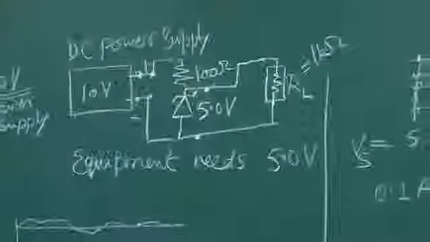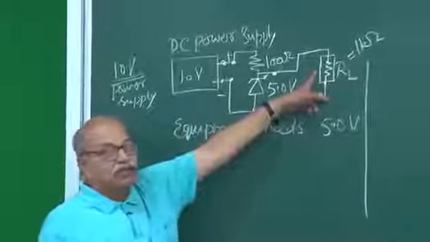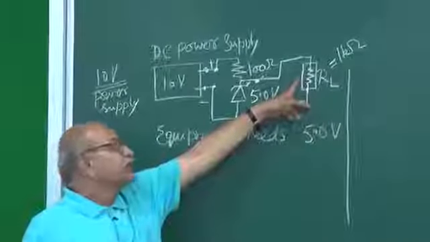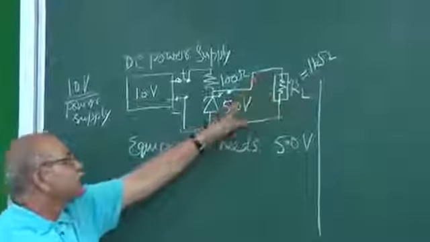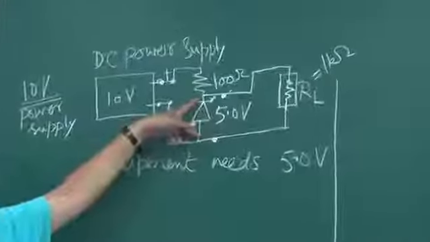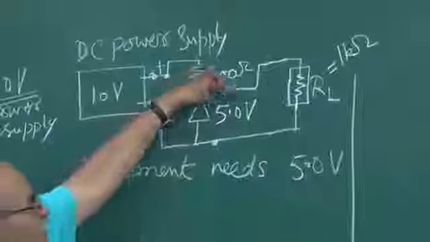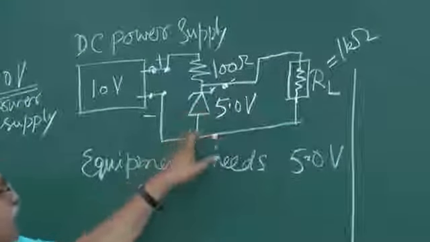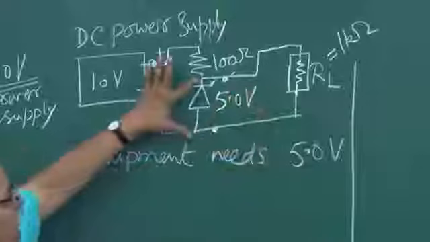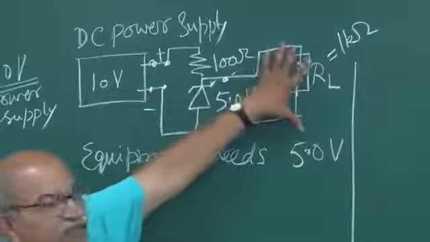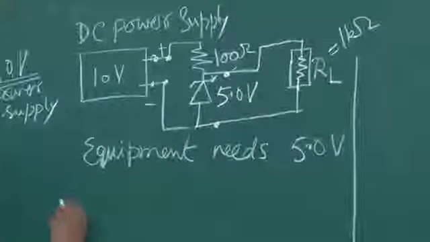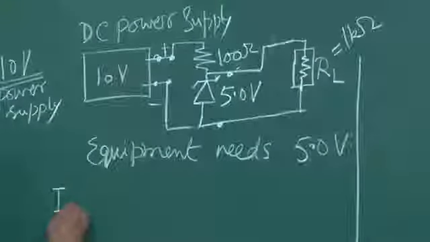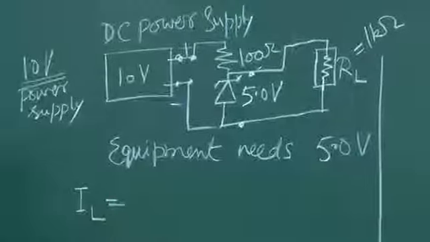Analyze this circuit. The voltage on this RL is 5.0 volts because it is directly connected to this zener. So this point is directly connected here, and this point directly connected here. So this 5.0 volt must appear here. So what is the current in that load IL?